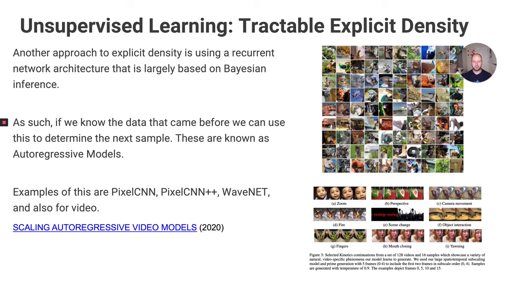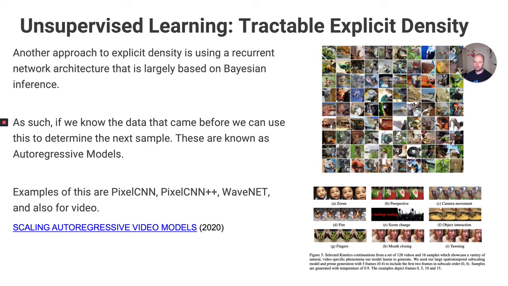This has been shown to work really well, for example, for sound waves, and even for images. We'll talk more about these, but these are also known as autoregressive models, where every single output is conditioned on the probability of the previous values. And that probability function is, again, approximated against what we believe is our density. So we're explicitly trying to approximate that distribution function in a tractable way.